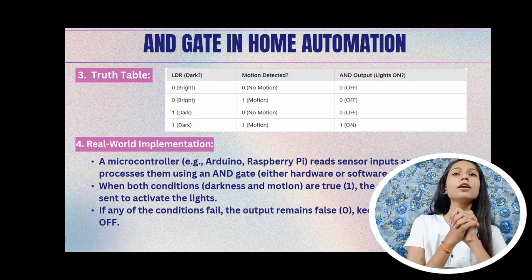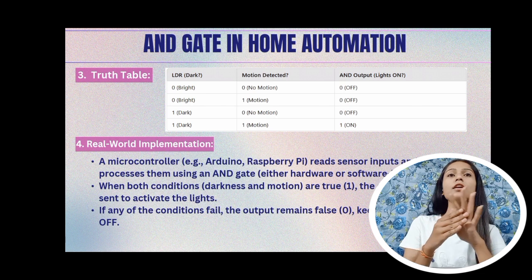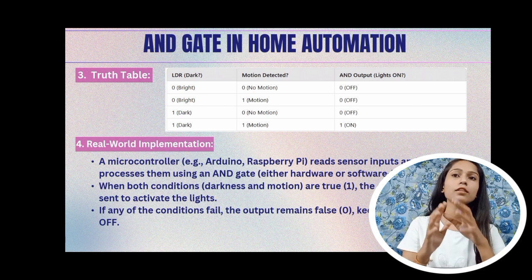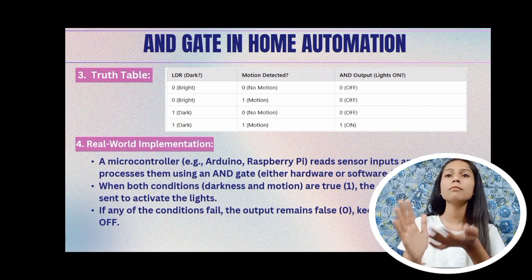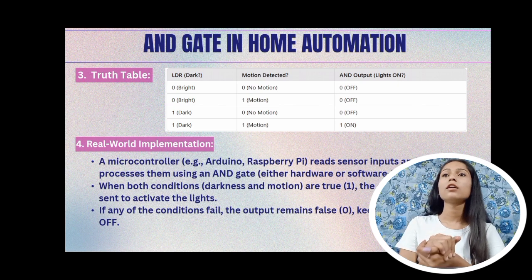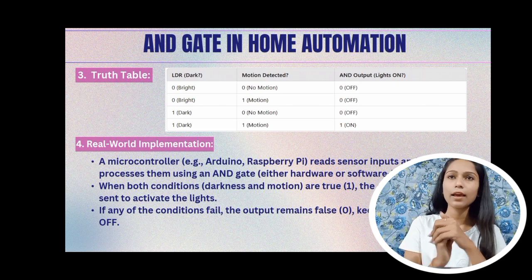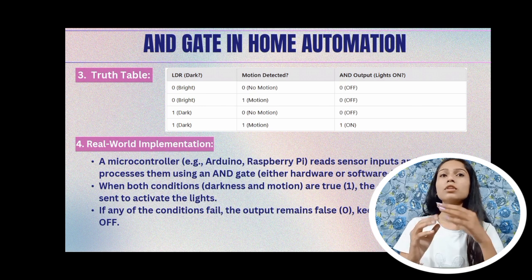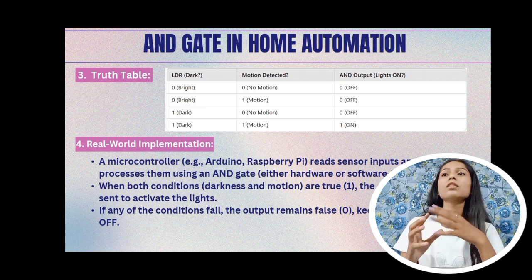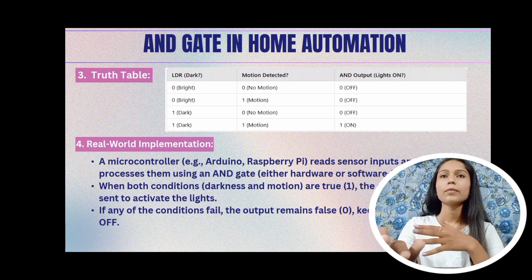The real world implementation of this practical example can be done by a microcontroller that reads the sensor inputs and processes them using an AND gate. When both conditions are true, the output signal is sent to activate the lights.